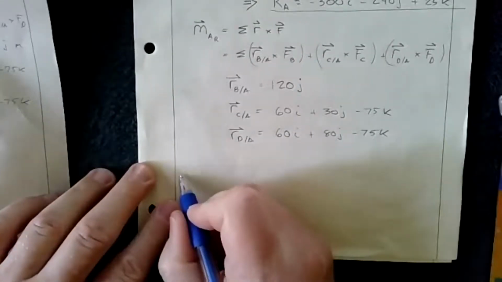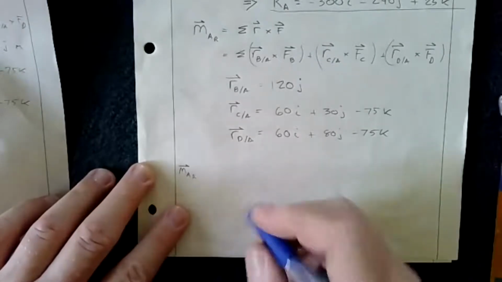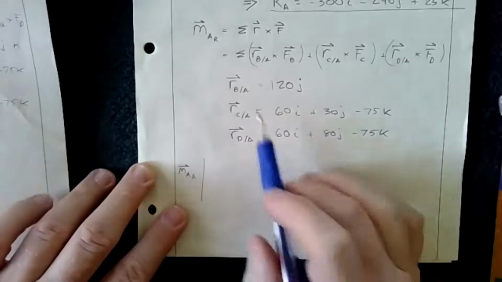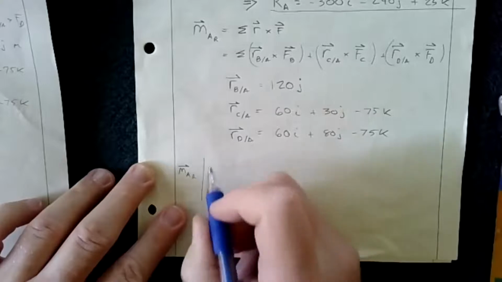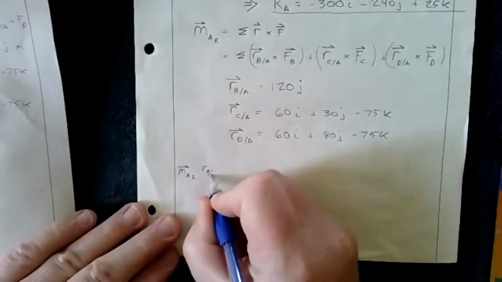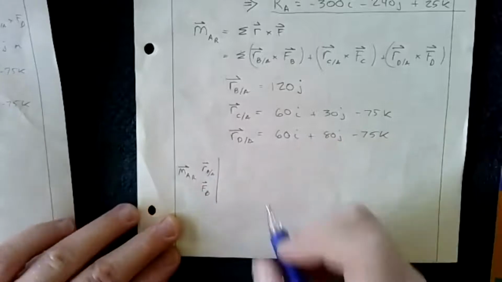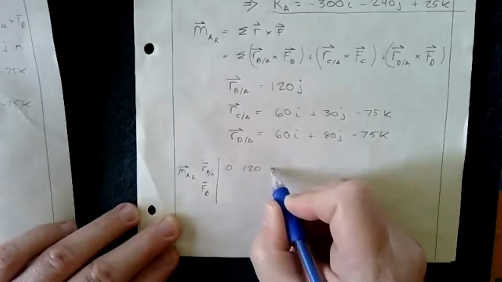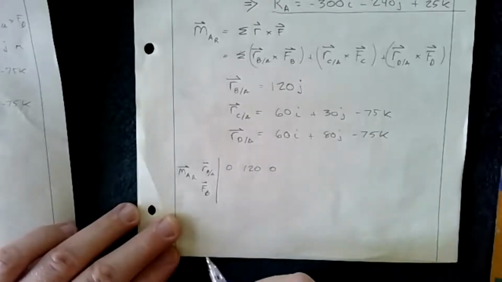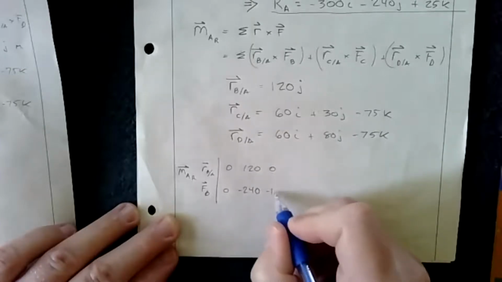If we set up our moment about A, resultant, then what does it look like? R_B relative to A crossed with the force at B: we have 0, 120, and 0, and our force is 0, negative 240, and negative 125.